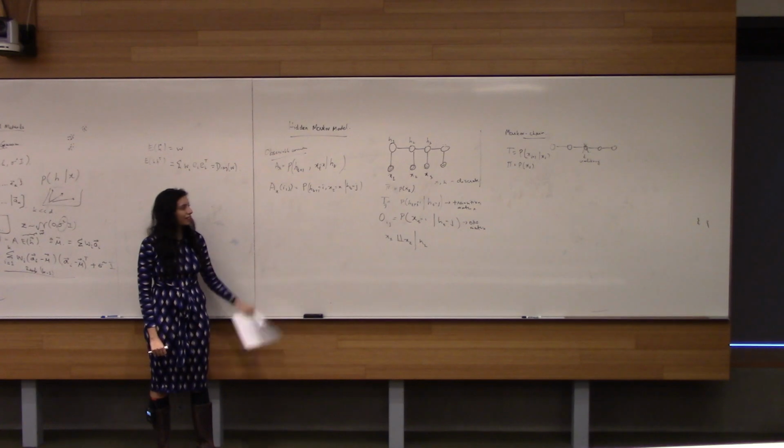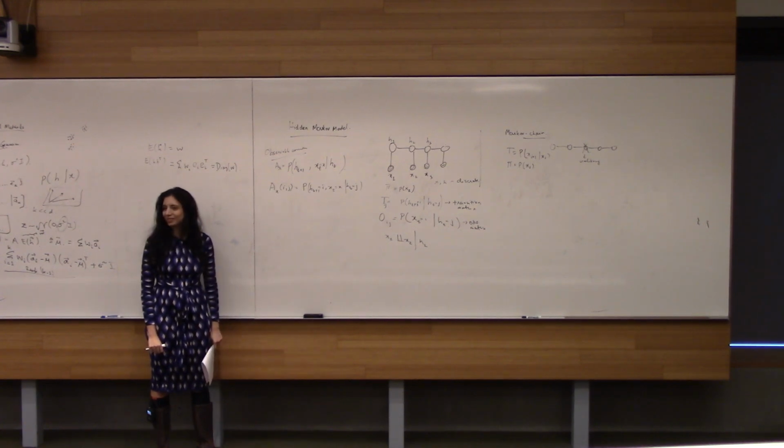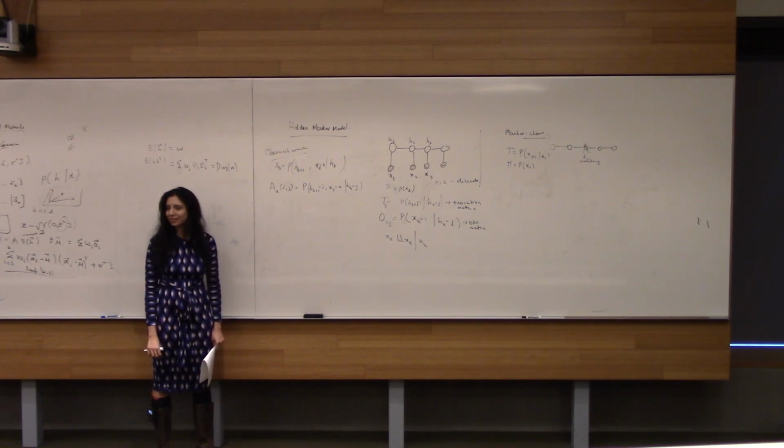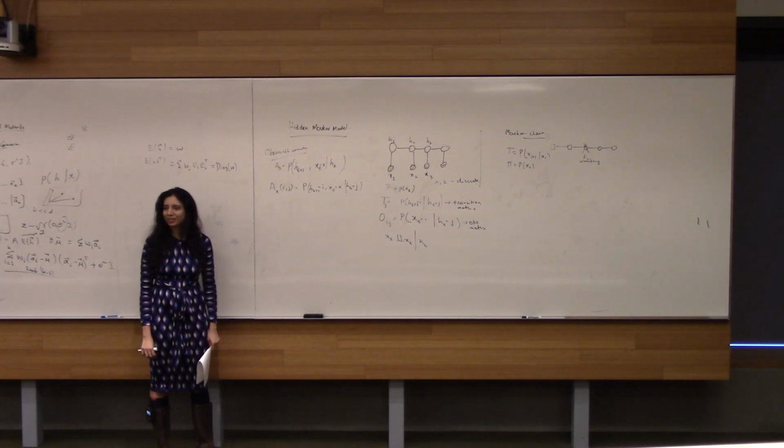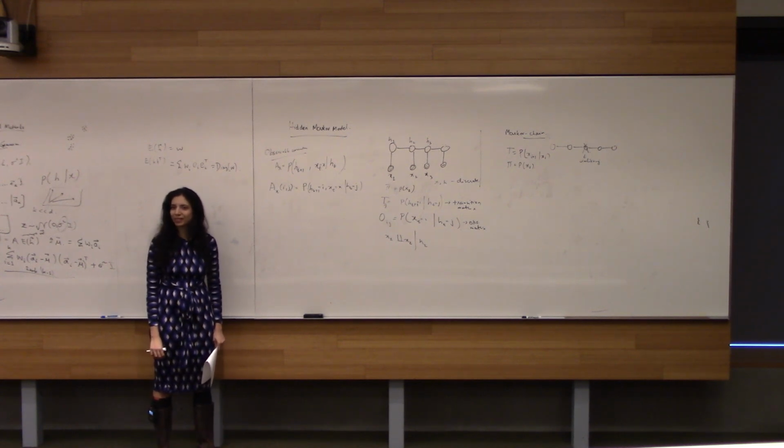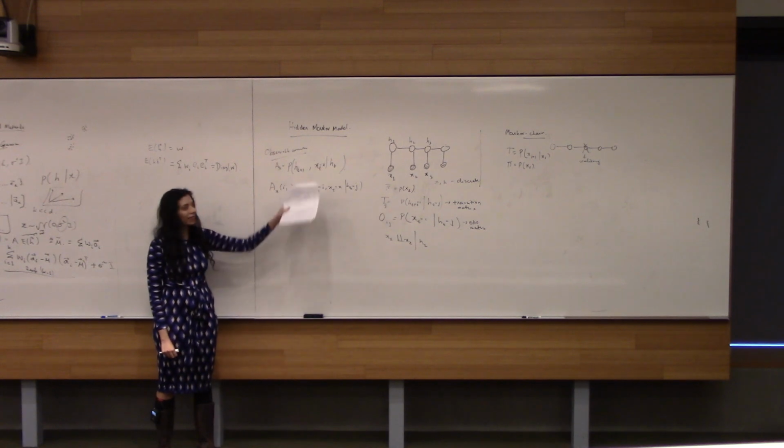It's there from the figure. Which two are conditionally independent given the other? I have three random variables. What's the conditional independence relationship? Remember, I have the figure there. xt and h(t+1) are conditionally independent given ht.